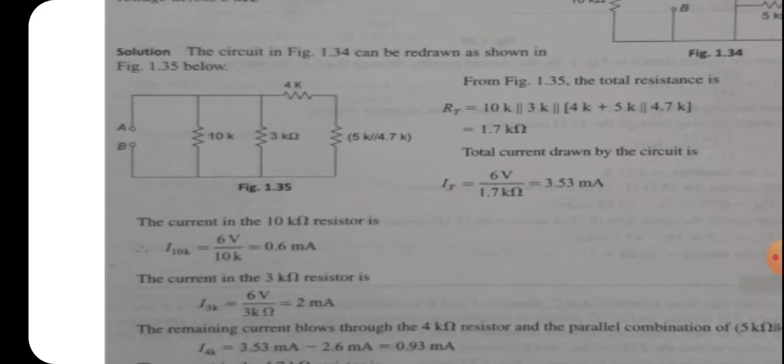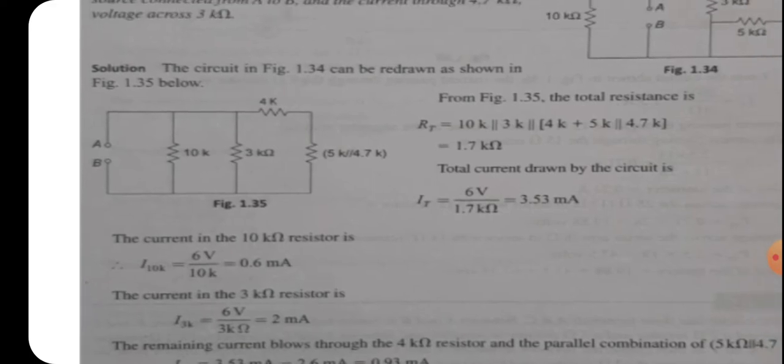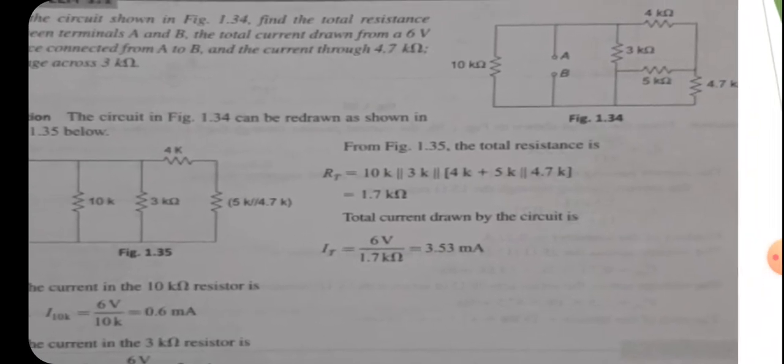The current flowing through the 4 kilo ohm will be divided into 2 parts, one part to the 5 kilo ohm and the other part to the 4.7 kilo ohm.